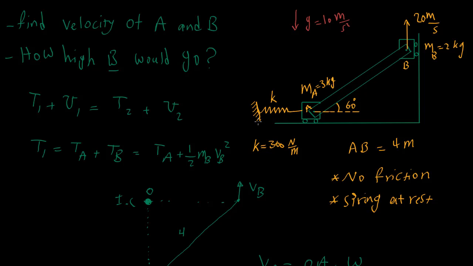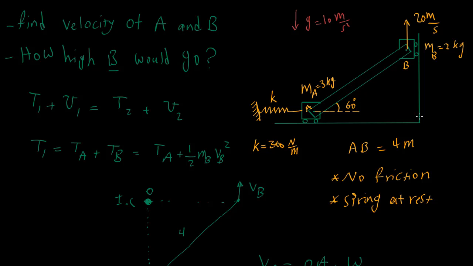The potential energy is stored in the spring and doesn't have any potential energy due to gravity. And for the second slider, it is not connected to any spring, so it doesn't have any potential energy due to a spring, but it is moving upward in the vertical direction. So it does have the potential energy due to gravity.